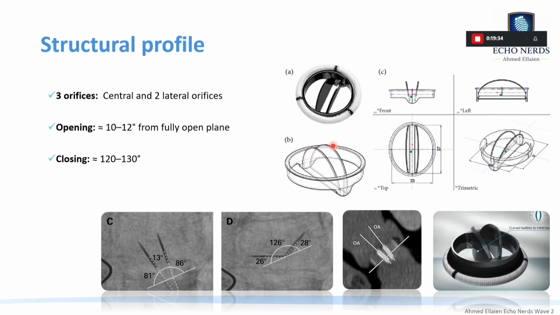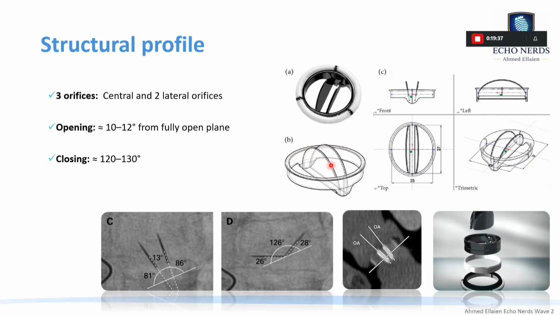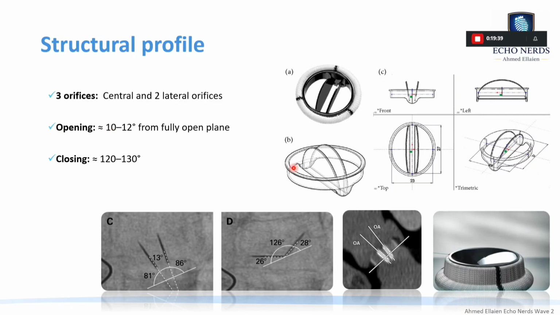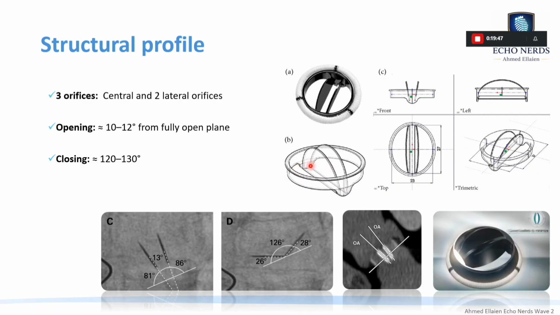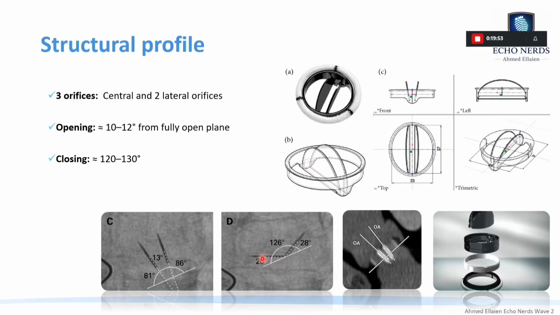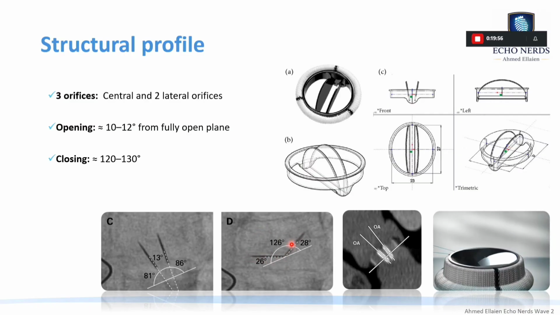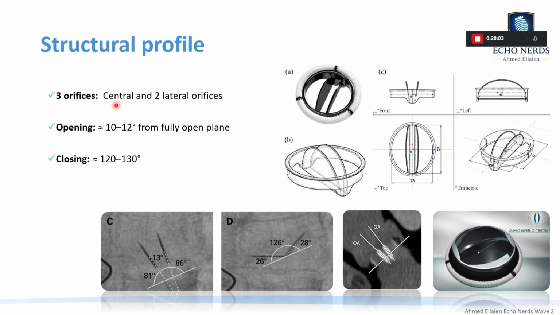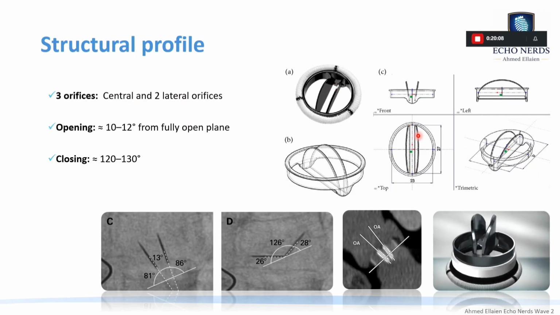Here the leaflets are opened in upright position with an angle of nearly 10 to 12 between the leaflets, or 85 to 80 with the horizontal plane like this in this cut, while during closing they close with a wide angle of nearly 120 to 130.